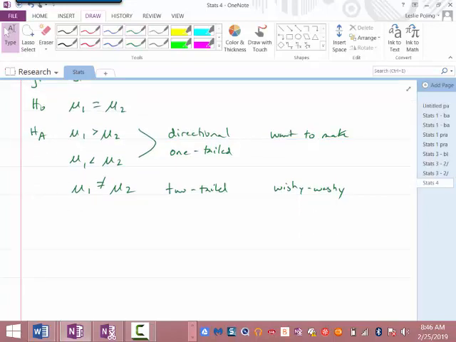We want to make these predictions because we want to test it with statistics. And we are going to look at a curve, a distribution. We looked at the distributions when we did our frequency diagrams, our frequency distributions, and our stem and leaf plots.